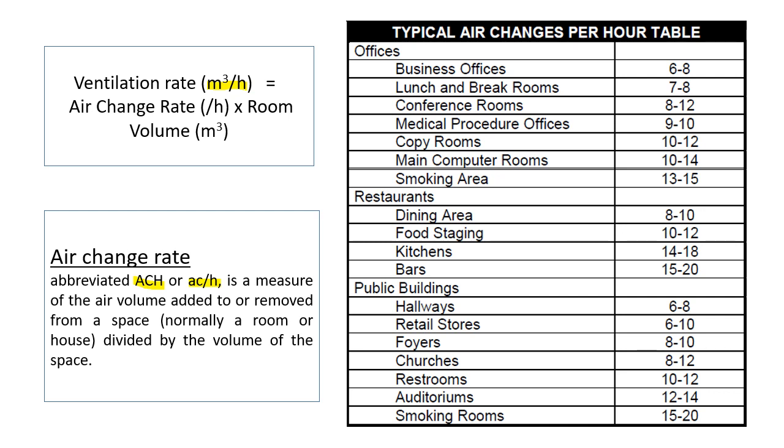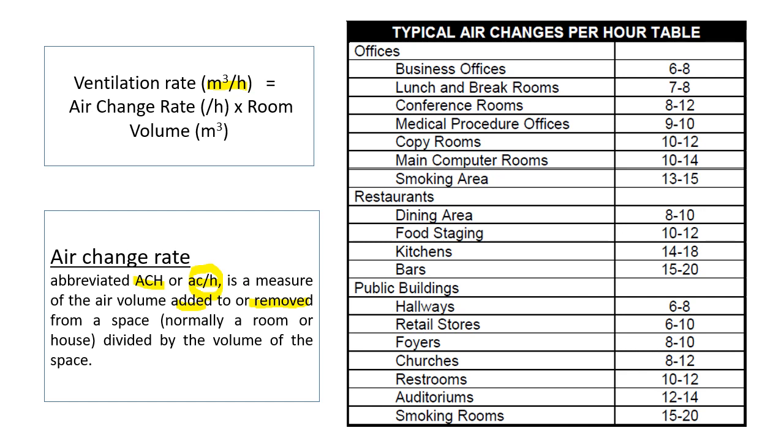Air change rate is a measure of the air volume added or removed from a space, divided by the volume of the space. That is why the unit at the beginning is meter cubed over meter cubed, so it cancels out. Therefore, the air change rate only has the unit per hour.